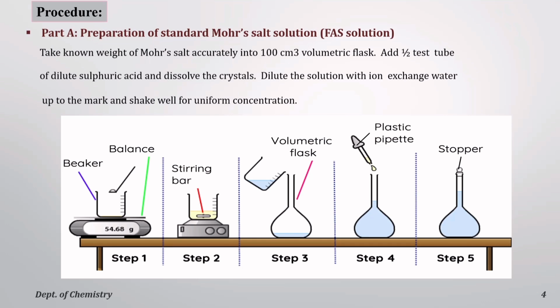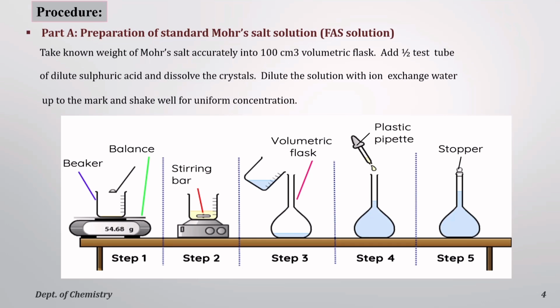Add half a test tube of sulfuric acid to dissolve the crystals, dilute the solution with Milli-Q water and shake it for uniform concentration. So this gives us a standard Mohr's salt solution, or FAS solution, for titration.